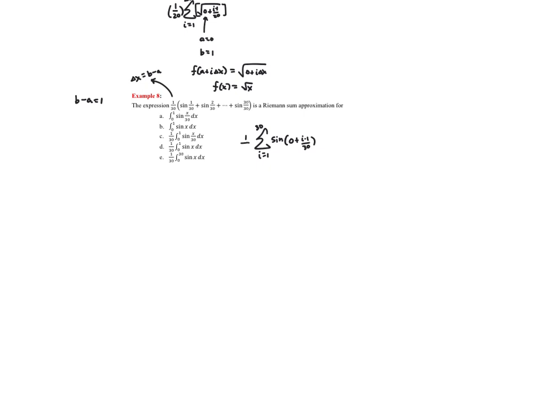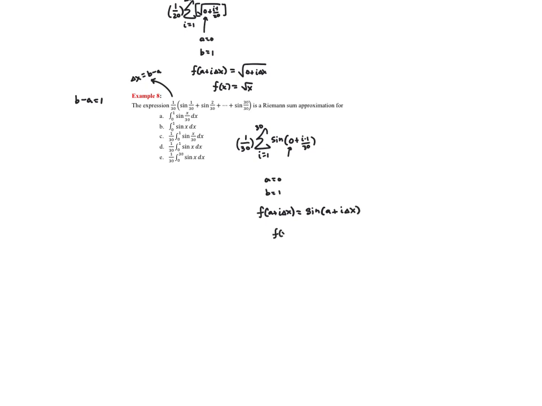Okay, and of course we bring along delta x. So a is equal to 0. See that right there. B would have to then be equal to 1. F of a plus I delta x is going to be equal to sine of a plus I delta x.